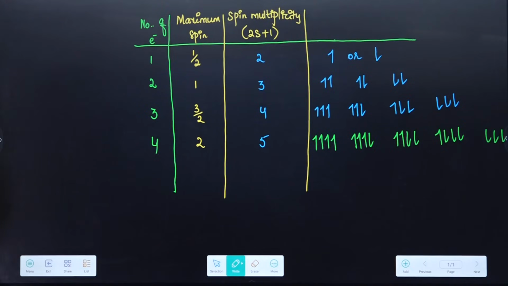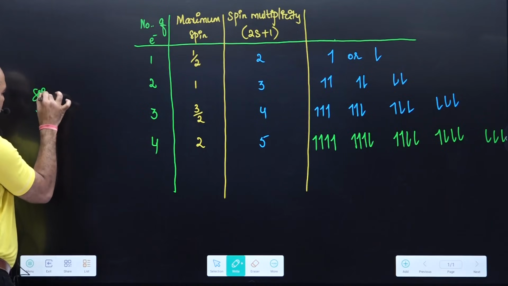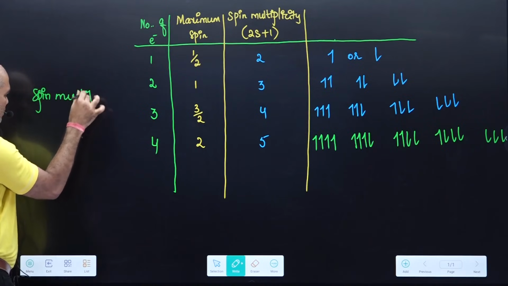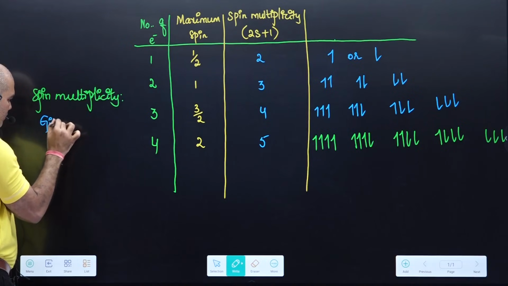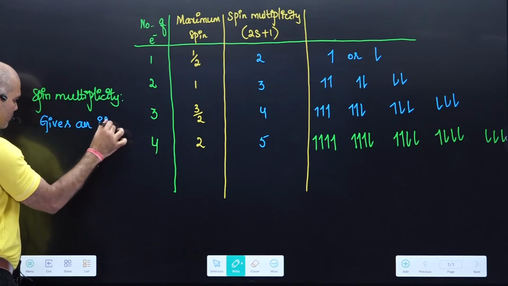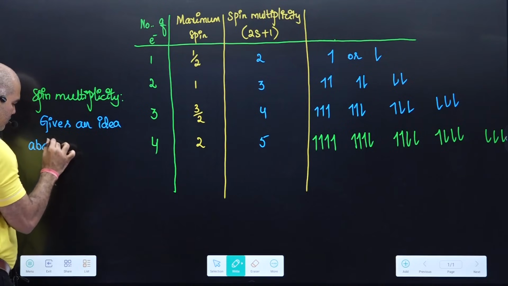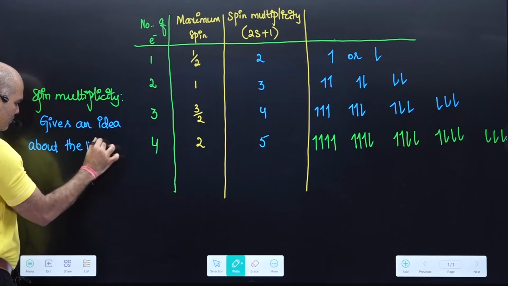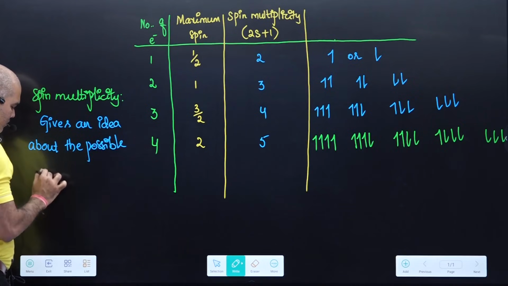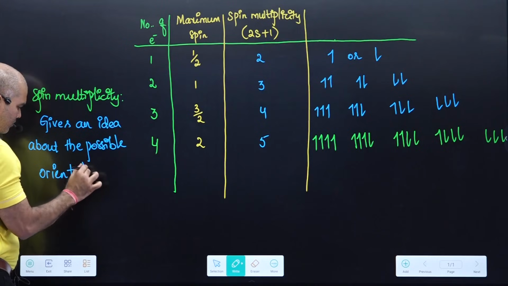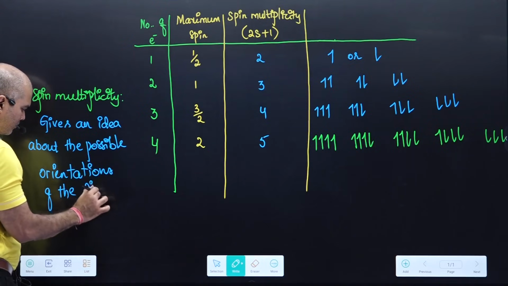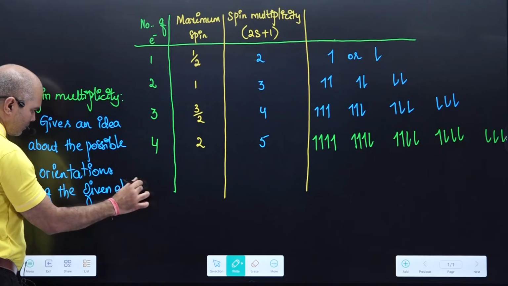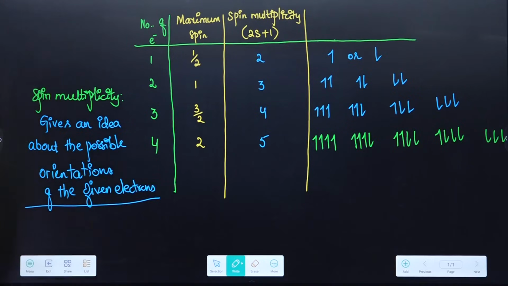It gives you an idea about the possible orientations. This is the meaning of spin multiplicity.